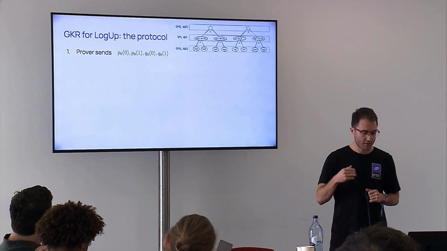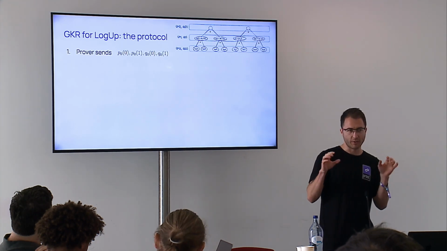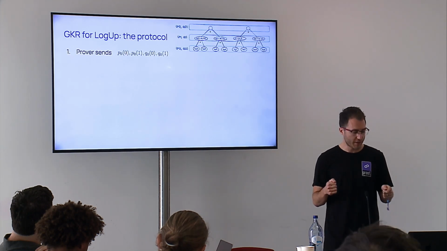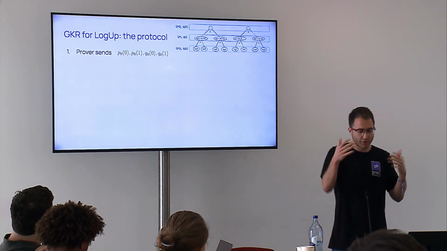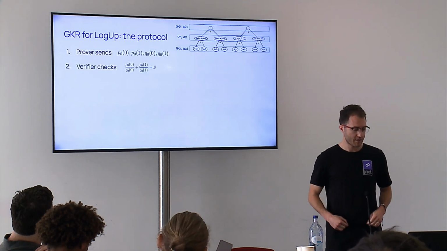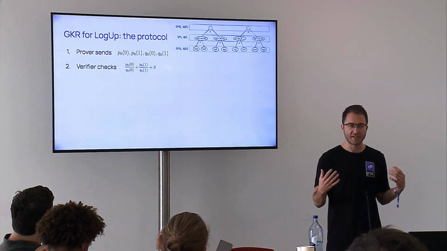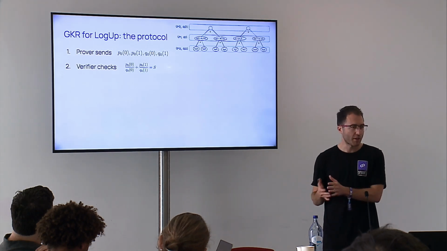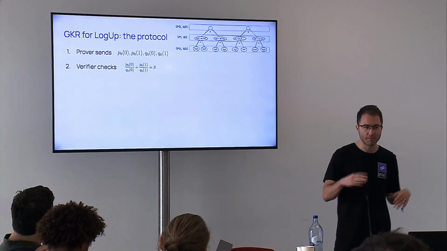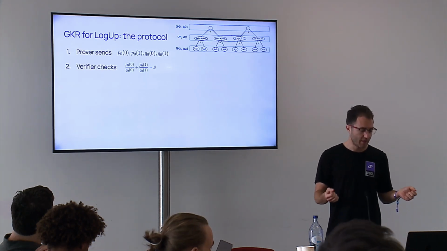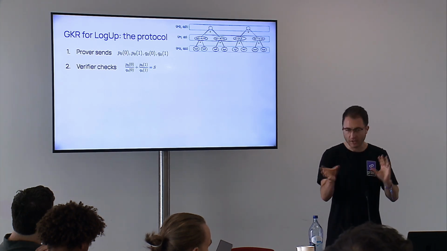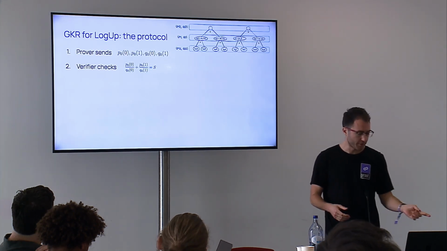The prover sends the top layer, and as we said, we have two fractions left: P at 0 and at 1, and Q for that layer at 0 and at 1. The verifier checks that if you interpret these as fractions, they sum to what we said, S, think of it as 0. It can be something else, but think of it as 0. So is your output layer correct? And obviously you check that the denominators are not 0 before you do that.